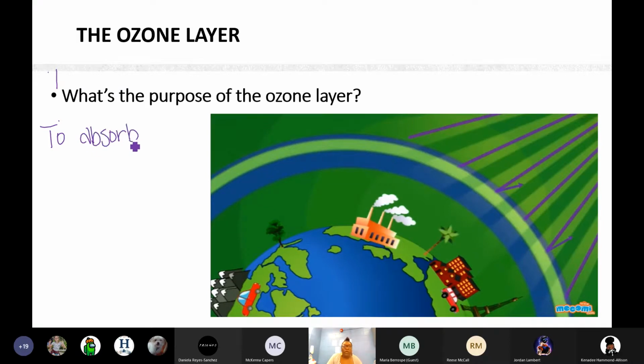To absorb, and remember, absorb means to soak up, to absorb harmful radiation from the sun.